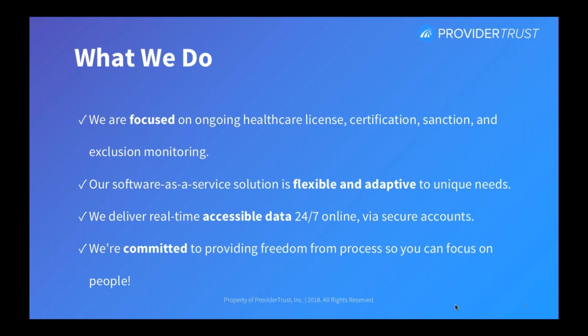We're focused on ongoing healthcare license, certification, sanction, and exclusion monitoring for employees, for vendors, for provider networks, and the like. We have a suite and a platform of software as a service products that we like to say are flexible and adaptive to unique needs of our clients. We deliver real-time accessible data, and we're committed to providing freedom from process so that we can all focus a little bit more on people.